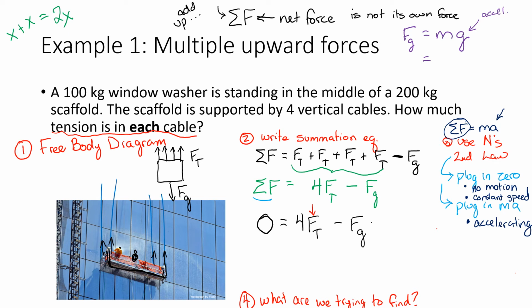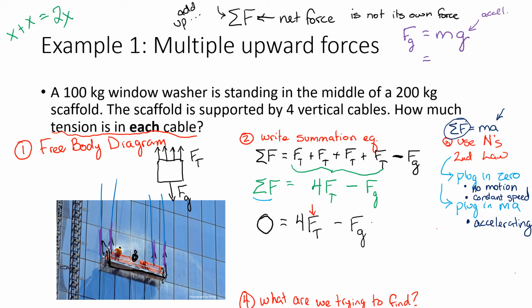But what mass? Are we going to use 100 kilograms? 200 kilograms? 300 kilograms because we need both? What do you think? In this situation, we're going to use 300 kilograms because like I said at the beginning of the problem, it's going to matter whether the scaffold is empty or full, just like it would matter to you if you were carrying an empty box or a full box.